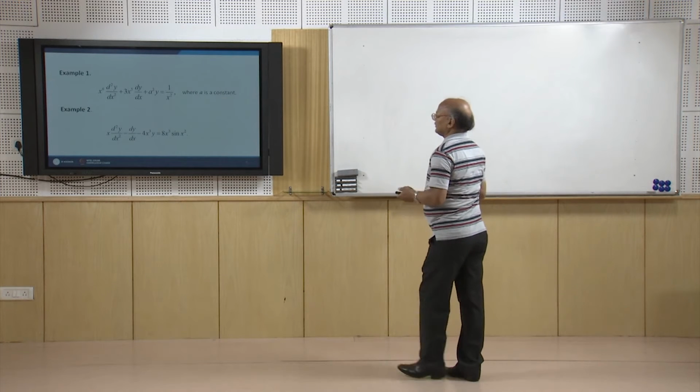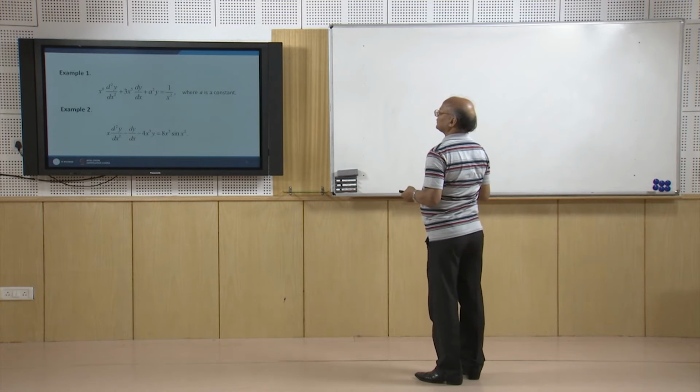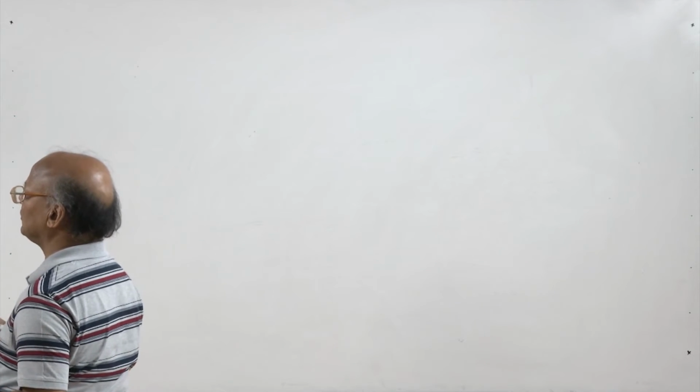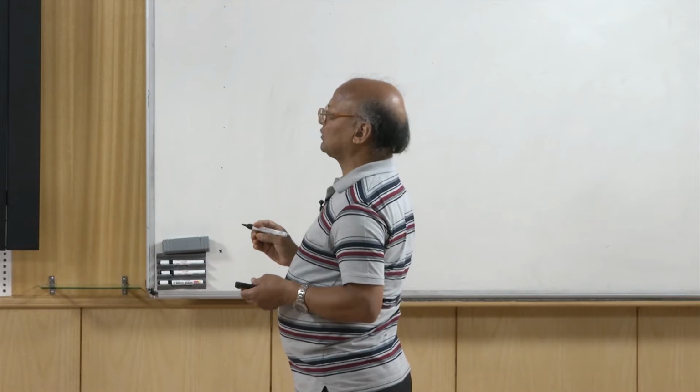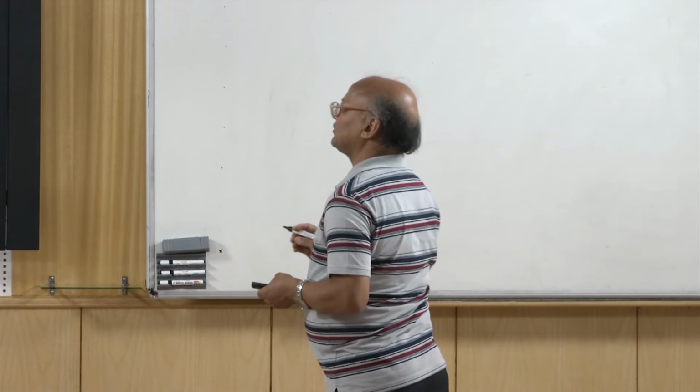Okay, so let us consider the equation given in example 6. First, we will write this equation in the standard form. So the coefficient of d square y by dx square will be made unity, which means that we will divide the equation by x to the power 6.